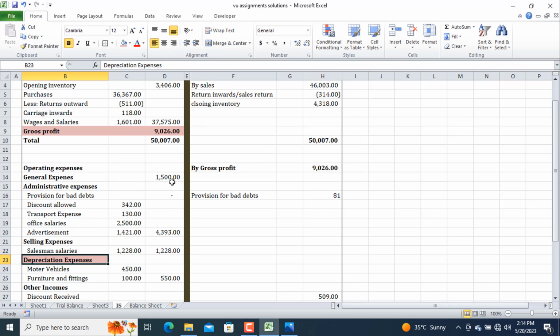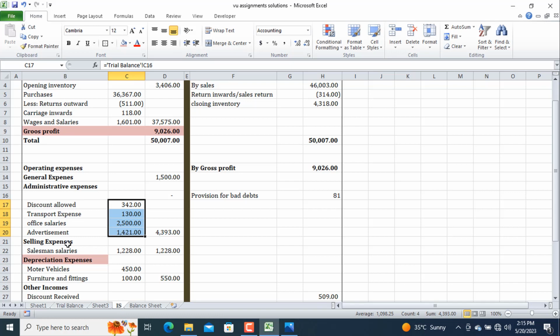General expenses is given as 1500, administrative expenses, provision for bad debts, so I am going to write here 81. Discount allowed 342. This is an expense. Transport expense 130. Office salary 2500. Advertisement expense 1421.